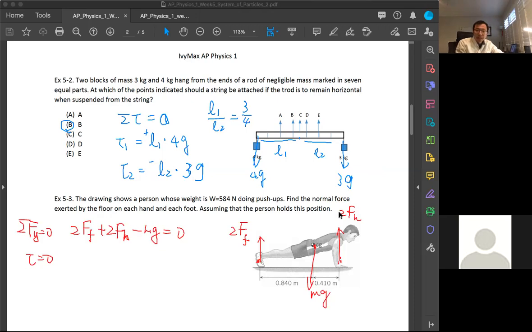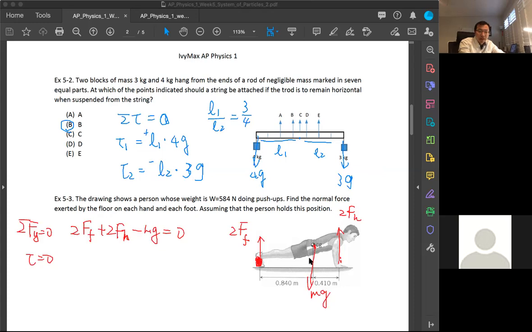Like this question, we actually have two unknown forces. You can pick any one of them. Let's say this one. I can select that one, so this is the point of rotation.